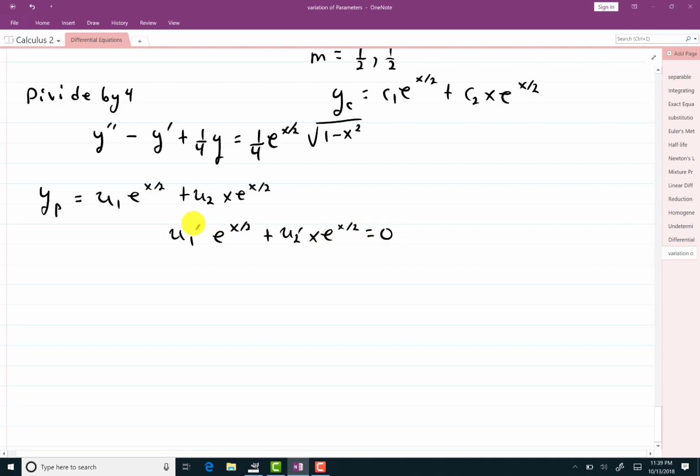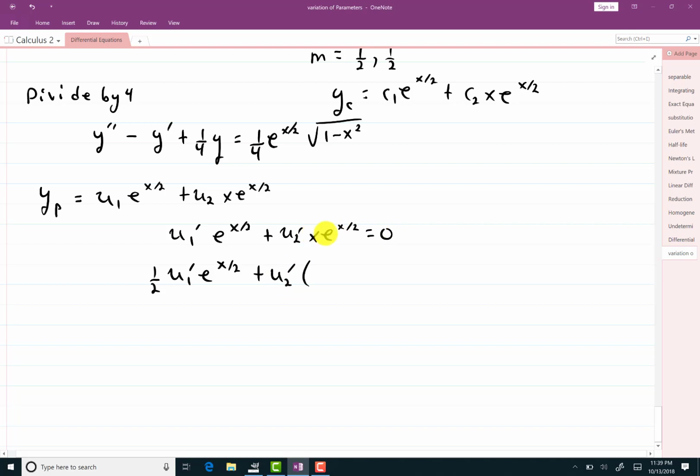Remember, this is u1 prime times y1 plus u2 prime times y2. Then the next line is u1 prime, and now I take the derivative of y1, and I'll end up with 1/2 e to the x over 2 plus u2 prime.